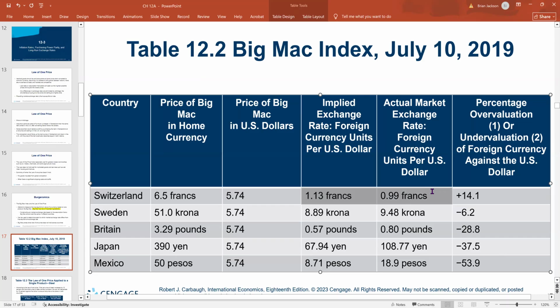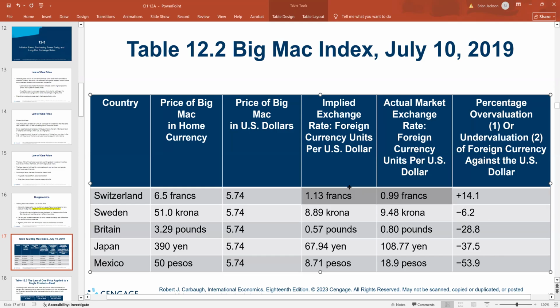Relative to the market exchange rate, the rate implied by the law of one price would have the franc basically undervalued here. The franc is undervalued. The dollar would be overvalued.